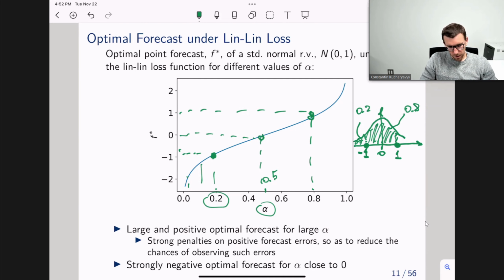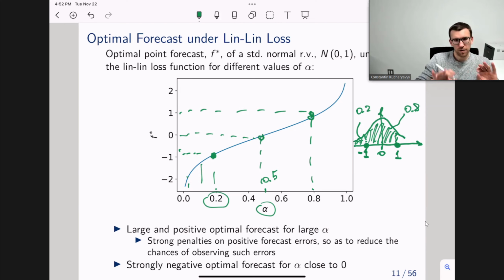So alpha closer to 0 means that we impose large penalties on negative forecast errors. So negative error is bad for us, and that's why we predict closer to the negative part.